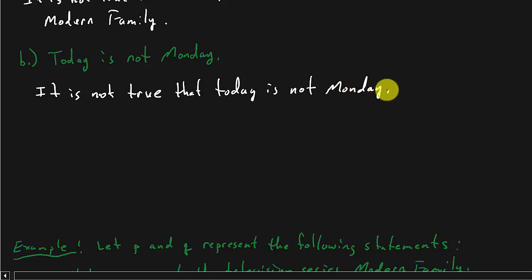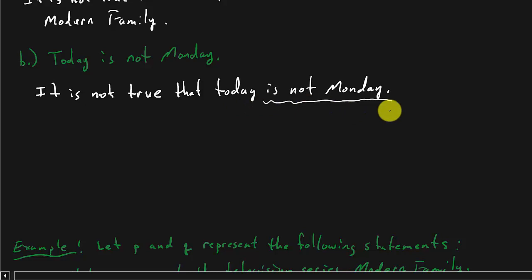Okay, see, today is not Monday. So for the negation of that, we still left is not Monday, but we added it is not true that today is not Monday. So that's one way to write it.